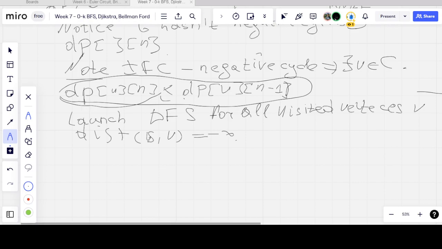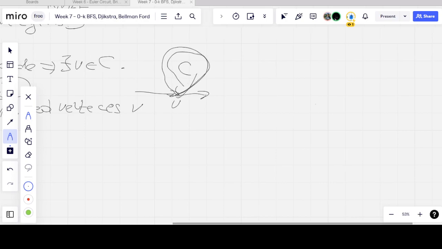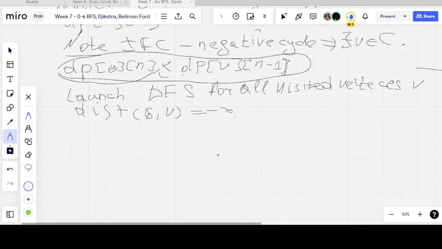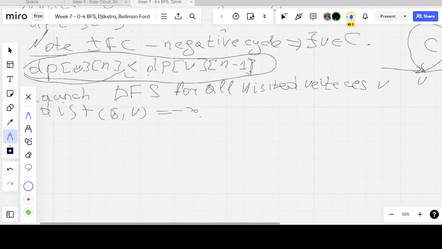All vertices reachable from a vertex we marked as minus infinity, we mark as minus infinity, because we can do an infinite loop and reach them. The shortest path to these vertices we mark as minus infinity.